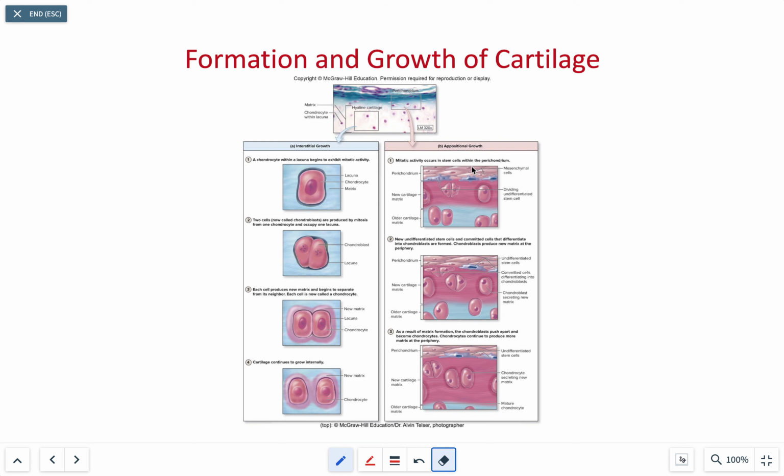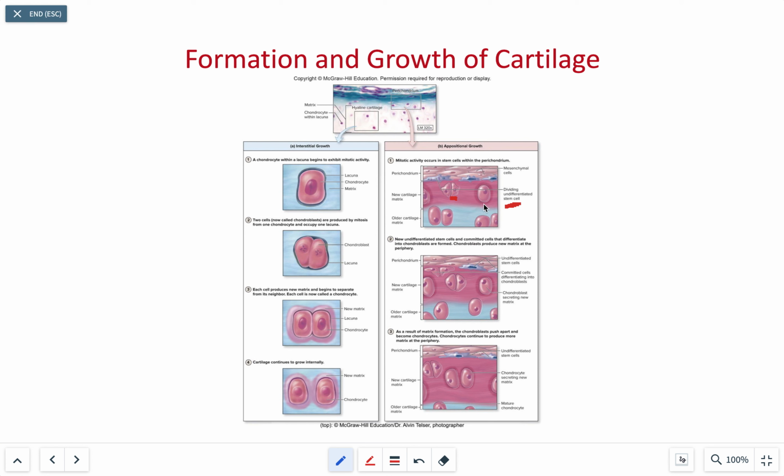So we're going to see these divide, and they are going to divide into what we consider to be 2 different cells. They're either going to divide into an undifferentiated stem cell, or they're going to divide and form another mesenchymal cell.